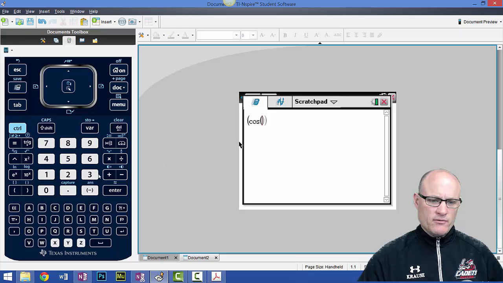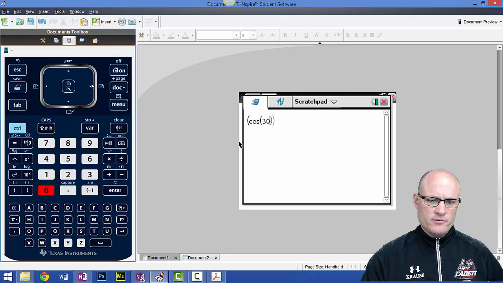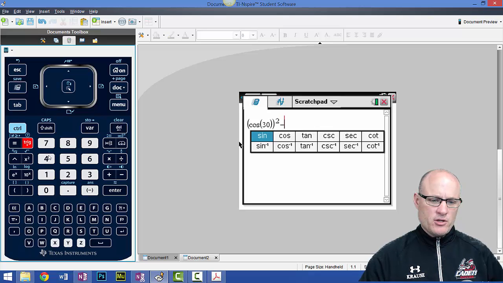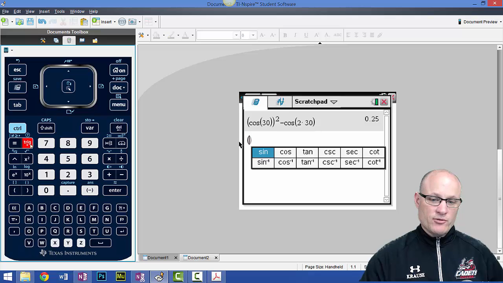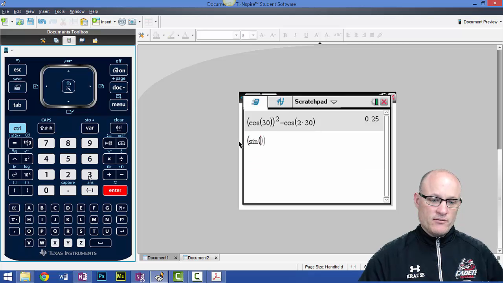Cosine of 30 squared minus the cosine of 2 times 30 equals 0.25.